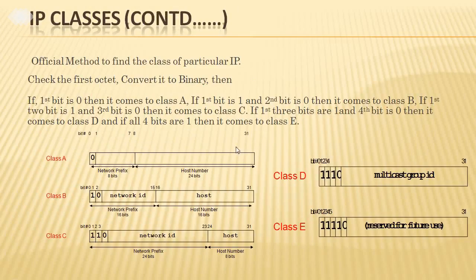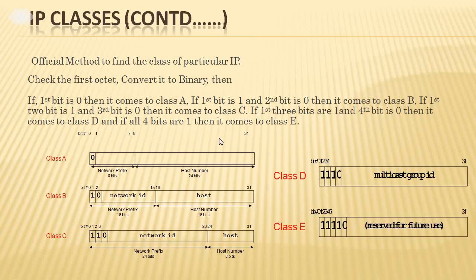Here are some IP addresses related to their class. There is an official method to find out the class of a particular IP address. First, check the first octet and convert it into binary form.